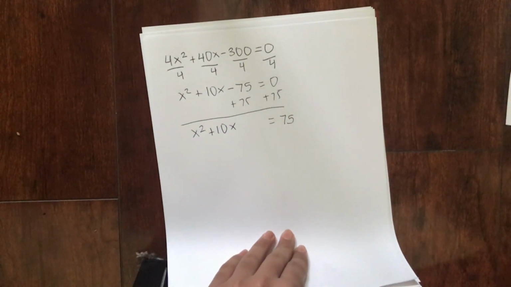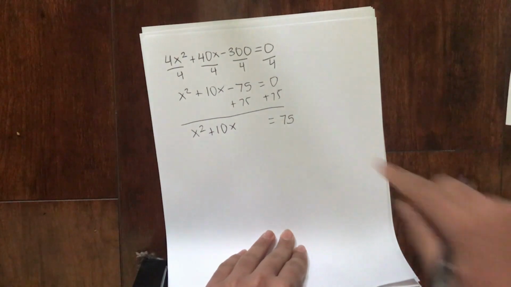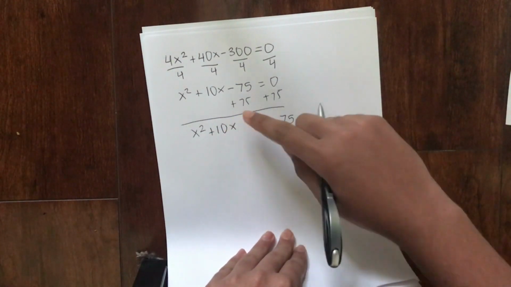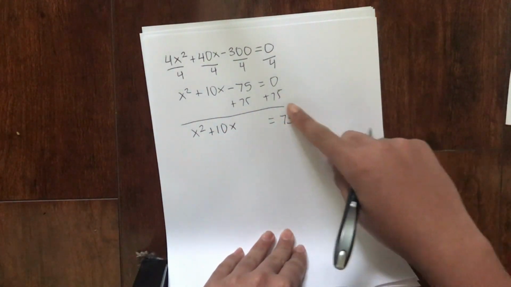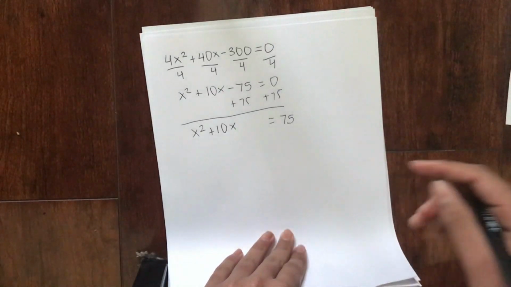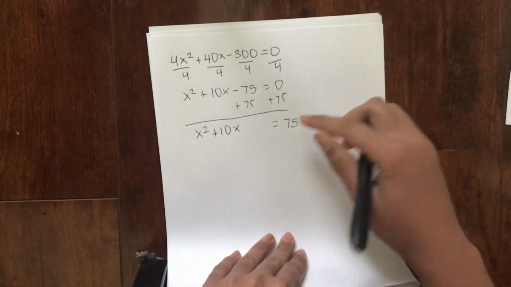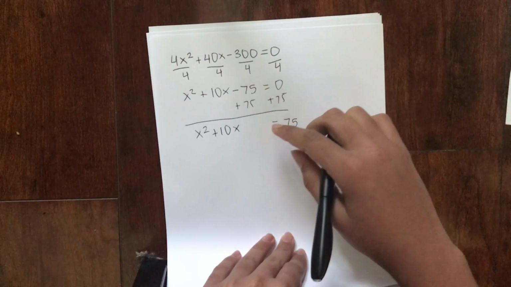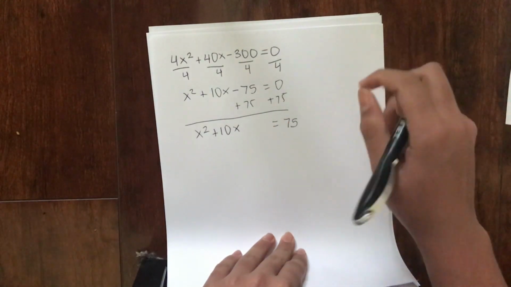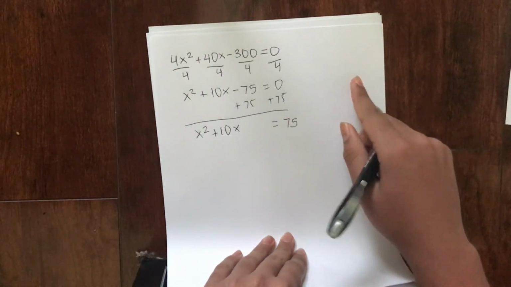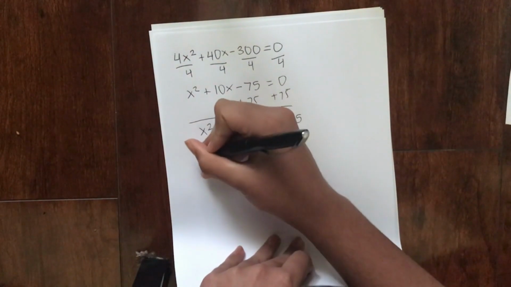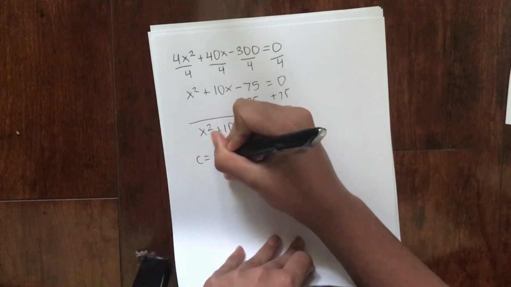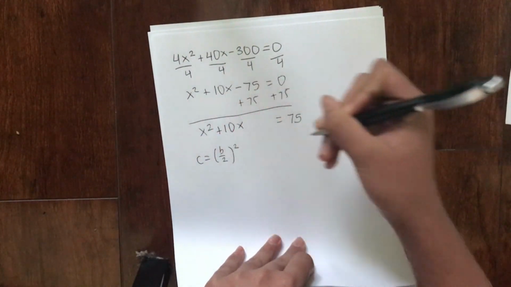So pretty much we want to complete the square for this side so that we can simplify it and get our roots. To find our c value, since we have to make it into the form x squared plus bx plus c, our c value is equal to b over 2 the whole squared.